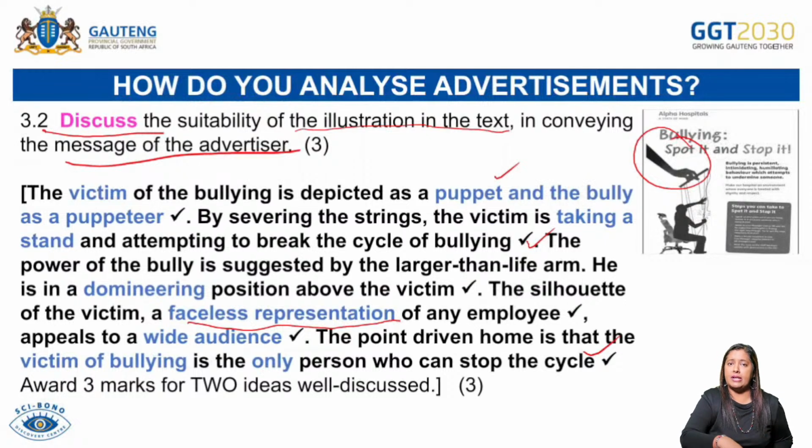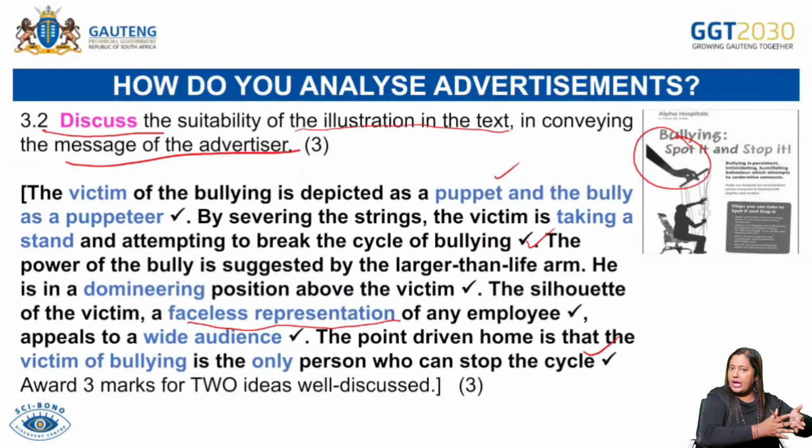So, if you give us any of those 3 ideas, it then means that you've understood what is being said in this particular text and you've given us a critical answer or a critical diagnosis of the text. So you then get 3 marks for 2 ideas well discussed. So the moment we talk about the puppeteer and the puppet image and what's happening there with cyberbullying or with bullying, for example, and how to stop it, we already got the discussion going on.